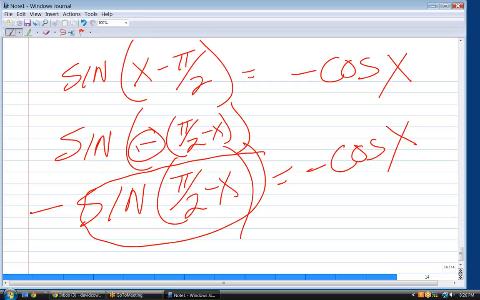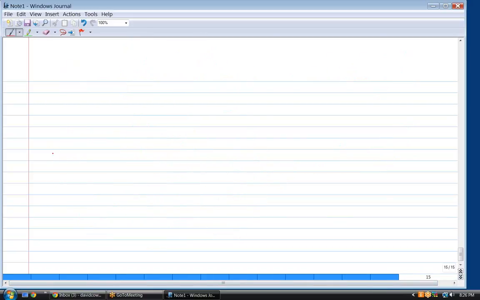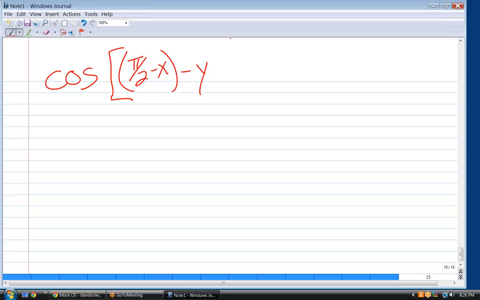Here's one that looks interesting. I'm not even sure I know how to do it. We're trying to prove, if you want to end on an interesting looking one, well, there's our pi over 2 minus x. But then there's a minus y in there also.